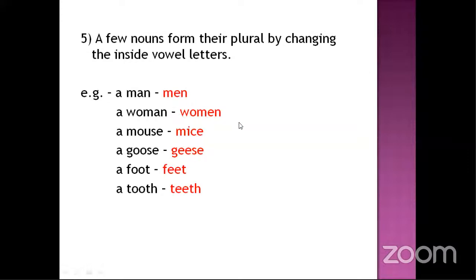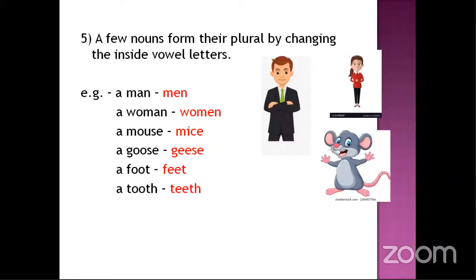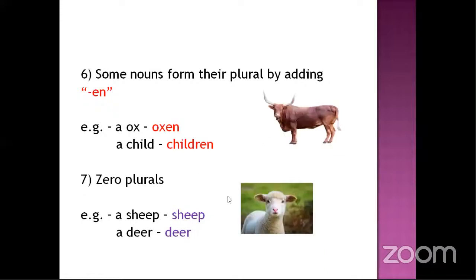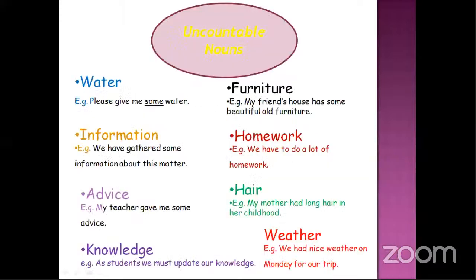Mouse, mice, goose, geese, foot, feet, tooth, teeth. Next one, adding EN: oxen, children. Next one is zero plurals. That means the singular and the plural are the same. Sheep, sheep.